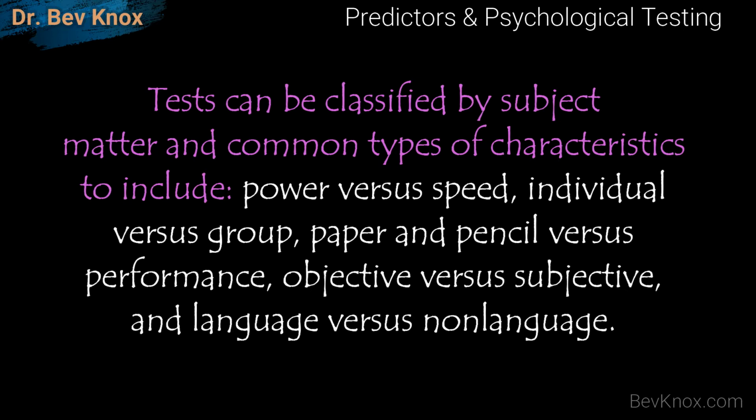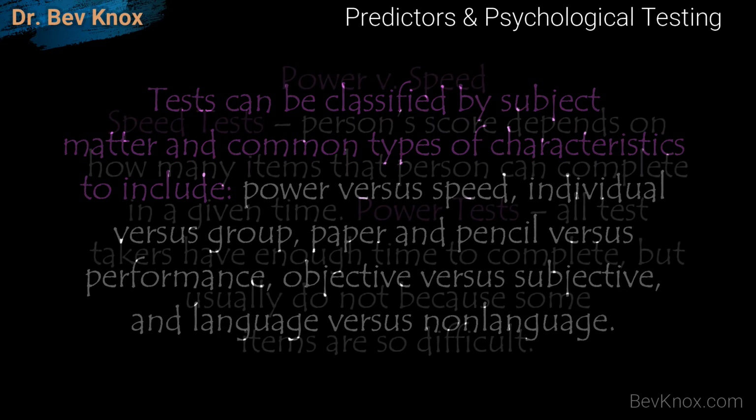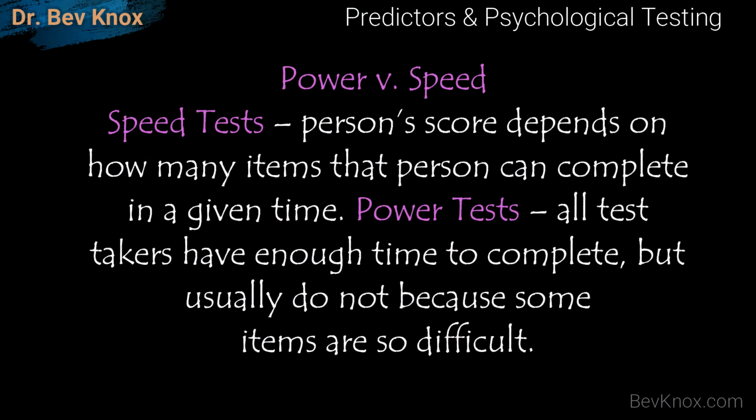Some of these common types of characteristics are power versus speed, individual versus group, paper and pencil versus performance, objective versus subjective, and language versus non-language. Now, in power versus speed, most tests depend on both speed and power to some extent, but one of the two may be the main focus.